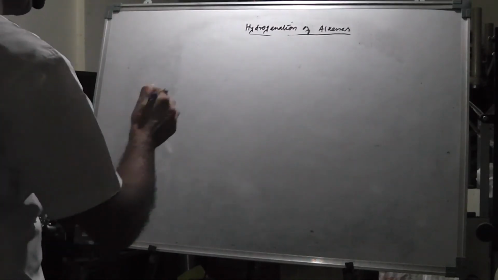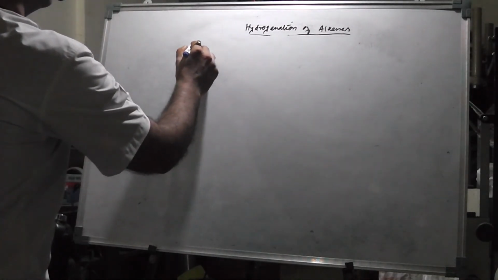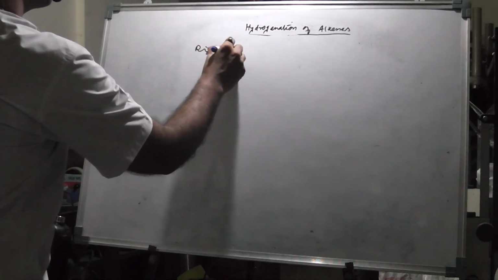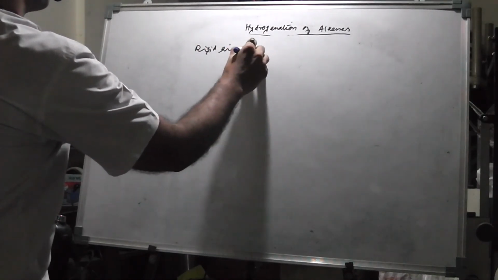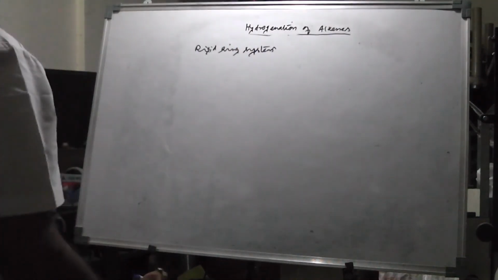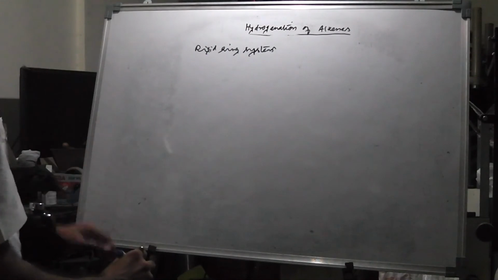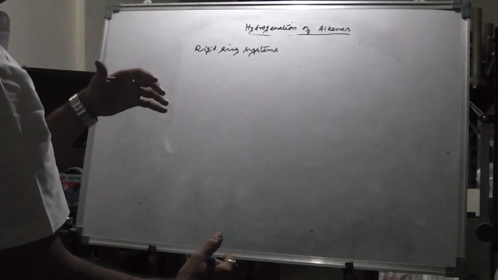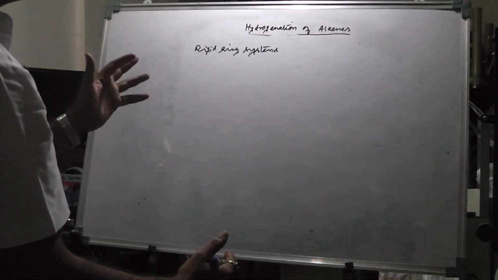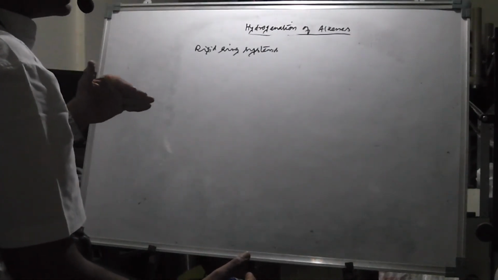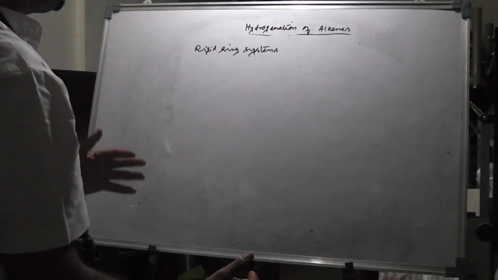For example, cholesterol, rigid ring systems. We have to look at the hindrance, whether the substituents hinder the molecule for adsorption, thereby affecting the reduction or not.